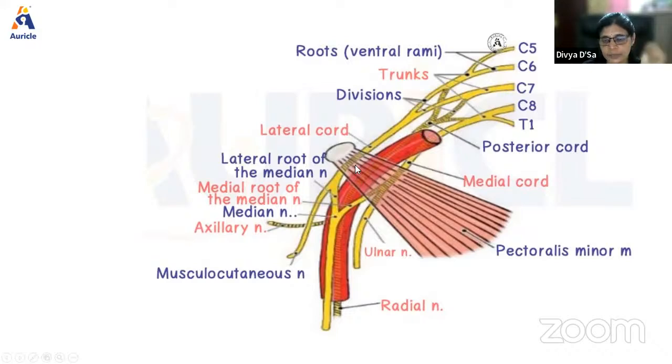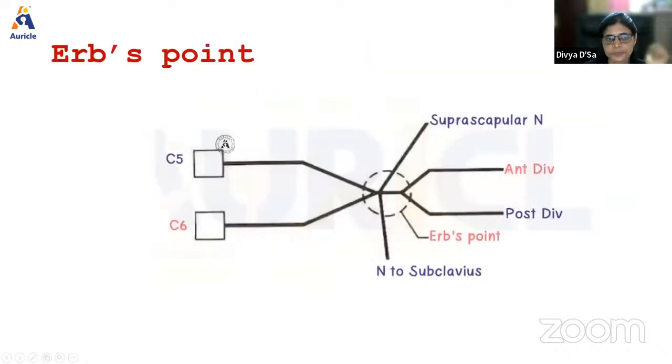So this is the axillary artery. Medial to the axillary artery will be the medial cord, lateral to it will be the lateral cord, and posterior to it will be the posterior cord. In front of the axillary artery, the median nerve will be formed from the lateral root and the medial root of median.